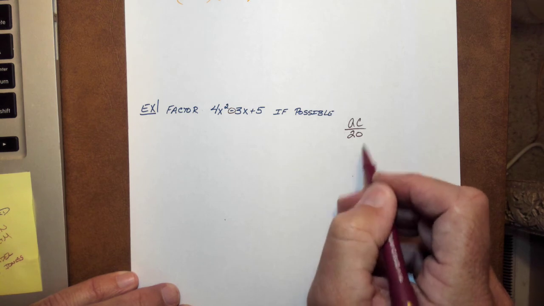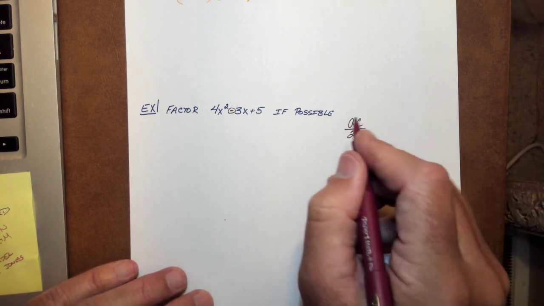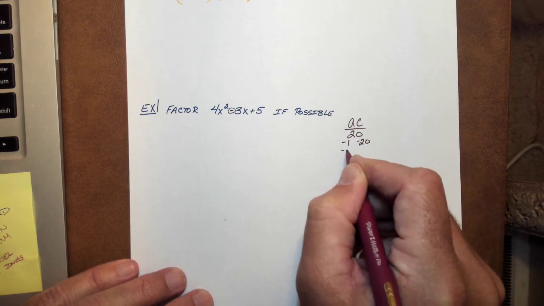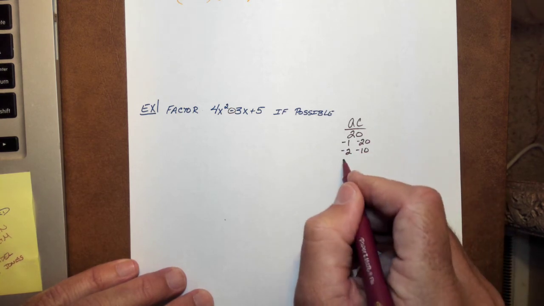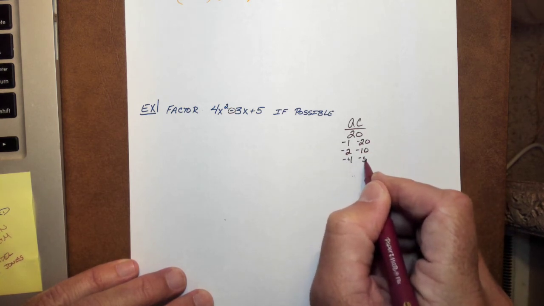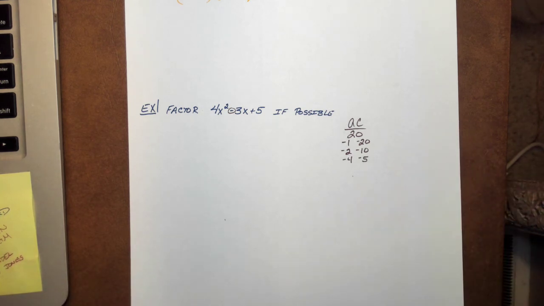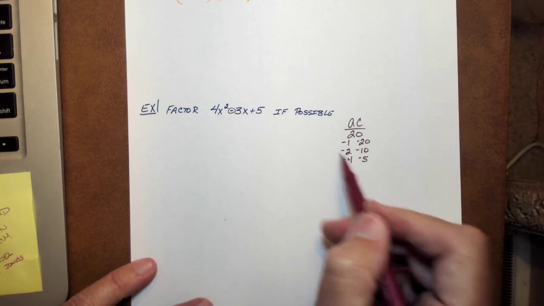Both positives or both negatives? Correct answer, both negatives. So negative 1, negative 20. Negative 2, negative 10. 3, no dice. 4, negative 4. Negative 5, 6, not happening. 7, nope. 8, nope. 9, nope. 10, now we start our repeats. So these are our factors.